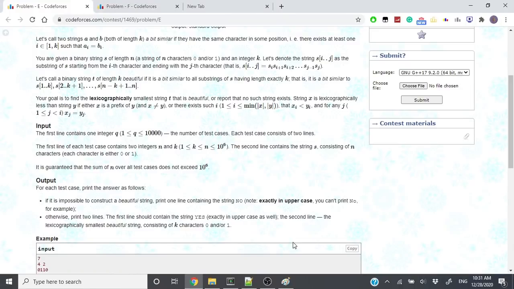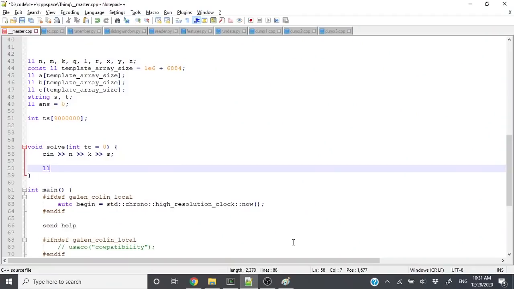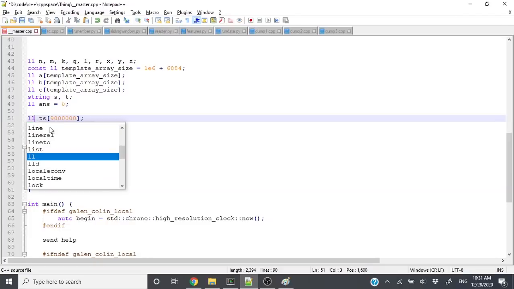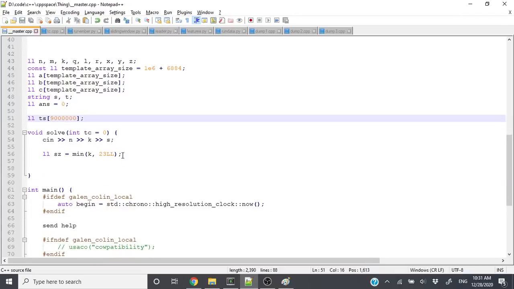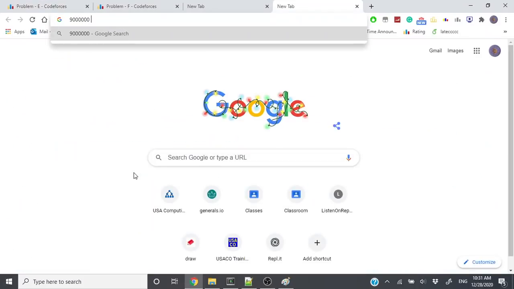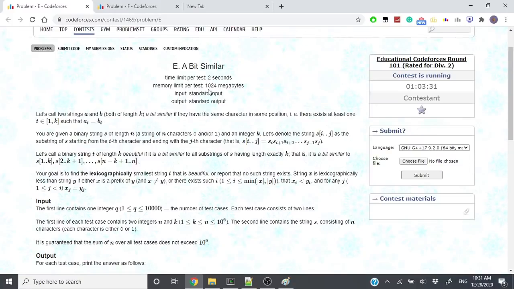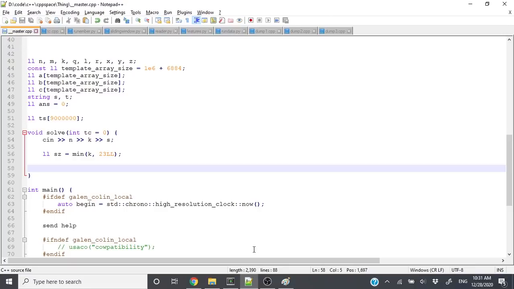So size equals min of k and 23, which I can make long still, right? Because it's not that much memory. All right, 9 million times 8. Yeah, it's fine. We have so much memory here. Why did I plug that into a calculator?